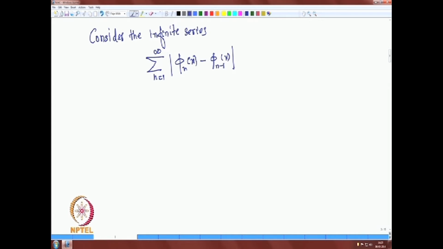We are discussing the convergence of this series and what the limit of this series is.